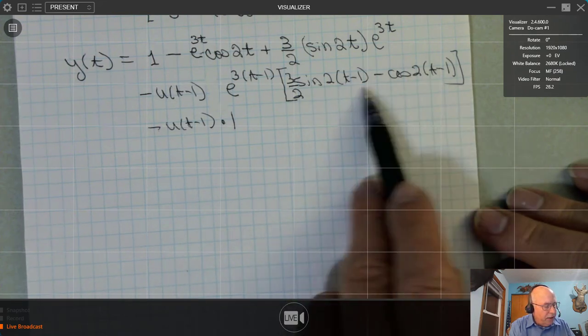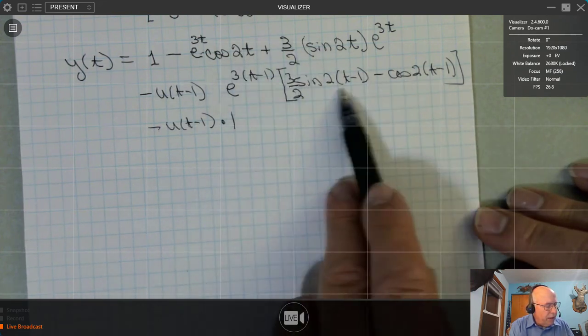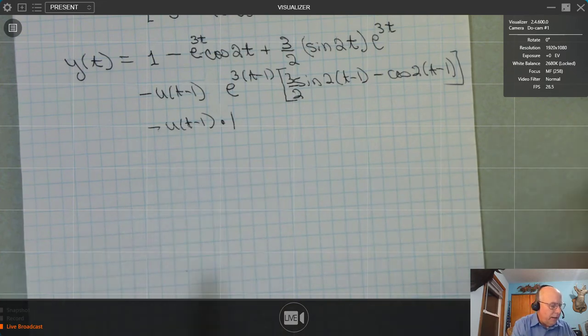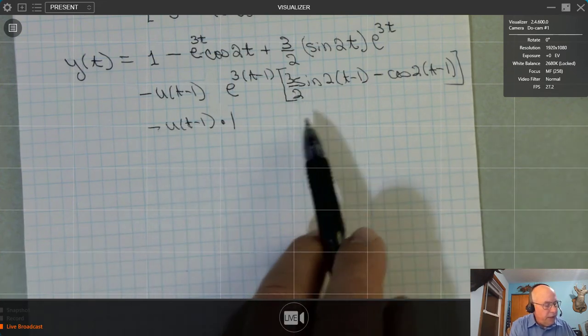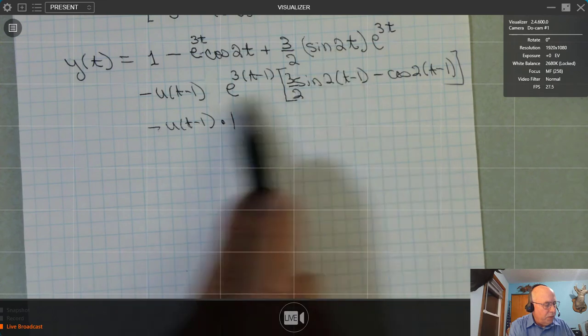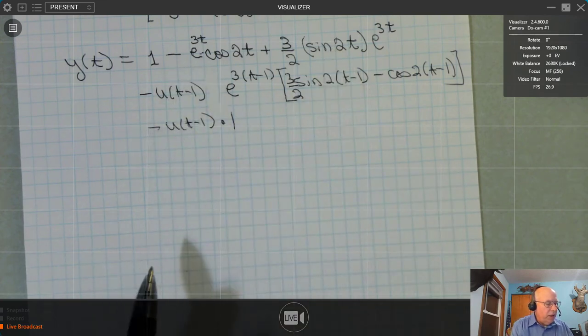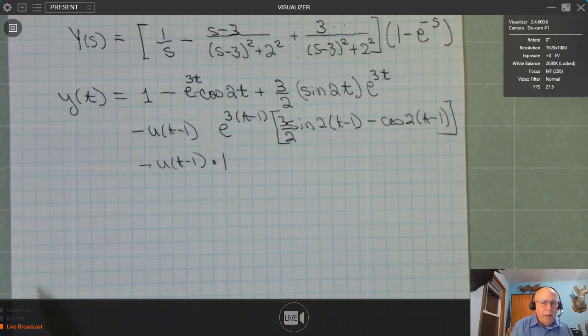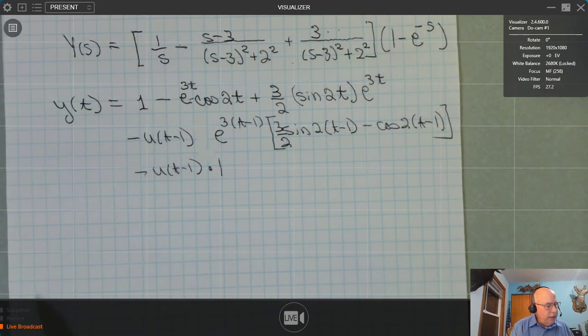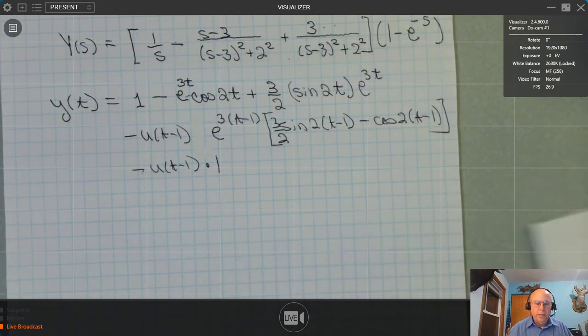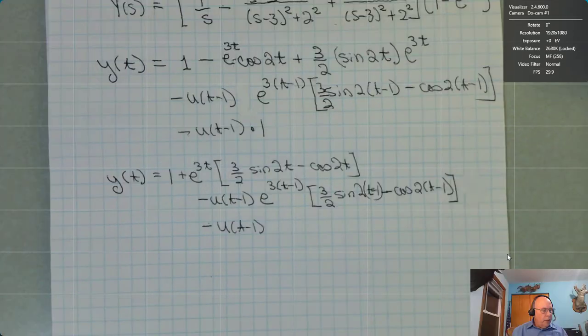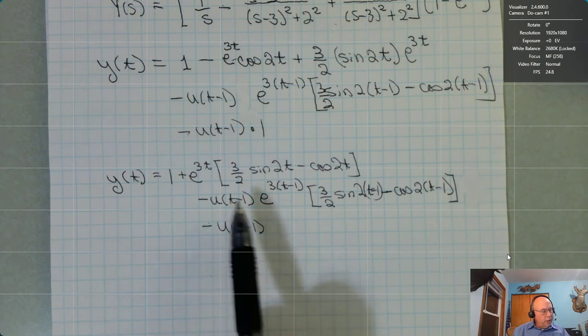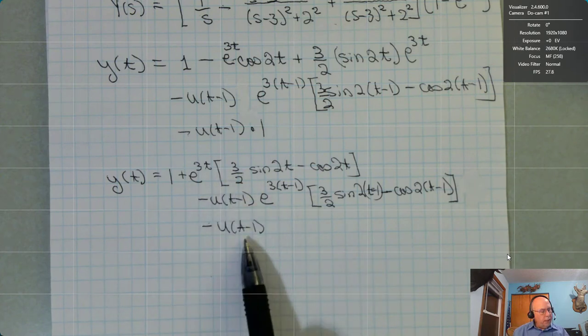A different sinusoid will combine with this, and of course it will create yet another sinusoid, but it's a different one than we had at the first part of the solution. So intuitively kind of makes sense, and that's the solution of our system. So there's our solution cleaned up just a little bit.